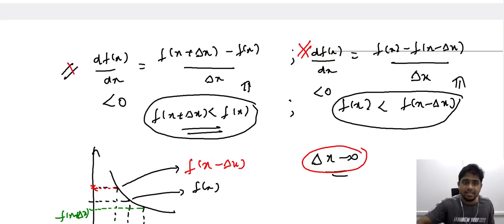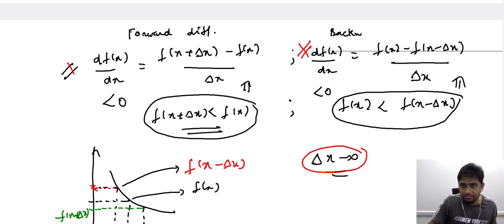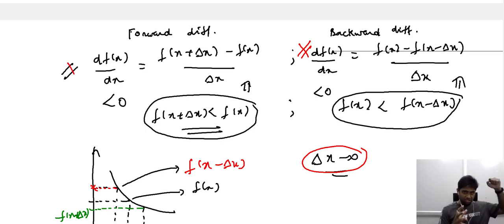Now this approach here is referred to as the forward difference approach, and this approach is referred to as the backward difference approach. So what essentially we have done is, from the generalized description of the derivative, we are now in a position to describe two different ways of expressing a derivative for a function.